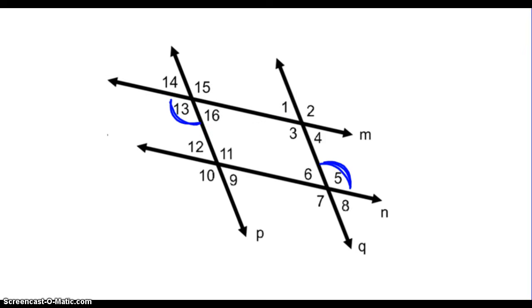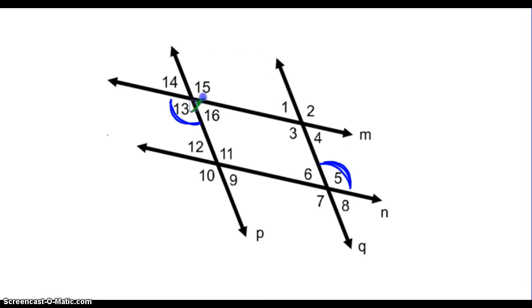Now you might be thinking, Mr. Janes, is that the only way to do the proof? And it's not. You can find any way you can to link together 13 and 5 to show they're congruent. You could have said that 13 is congruent to 2 because they are alternate exterior. And then you could have said that 2 is congruent to 5 because they're corresponding. And your proof doesn't have to have just 2 steps to it, 2 or 3 steps.